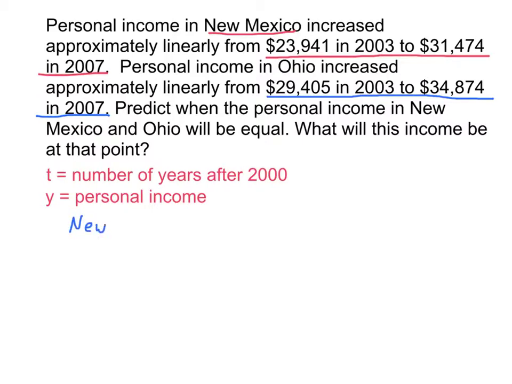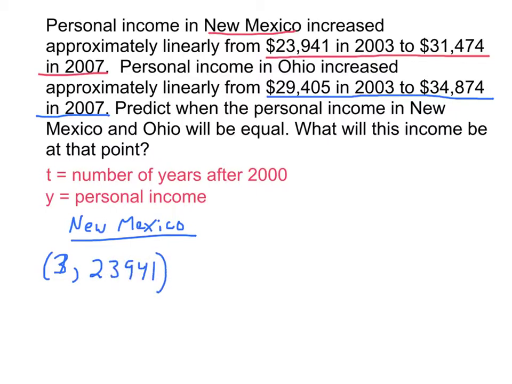In New Mexico, we know that in 2003, which would be a time value of 3, because that's 3 years after 2000, the personal income was $23,941.